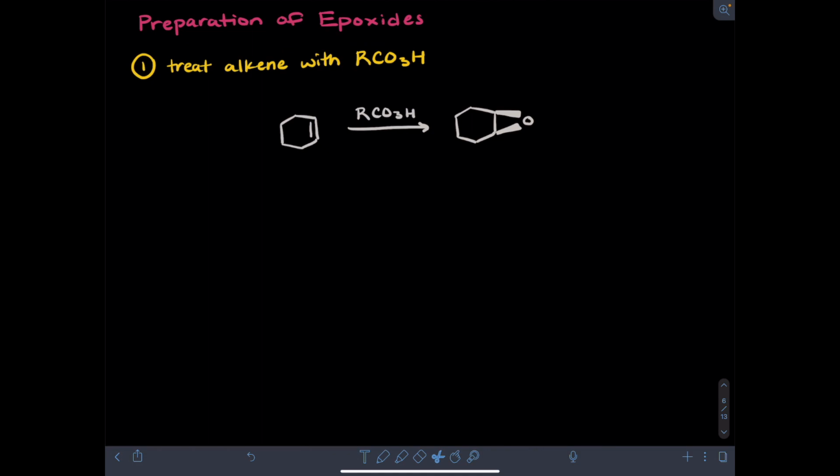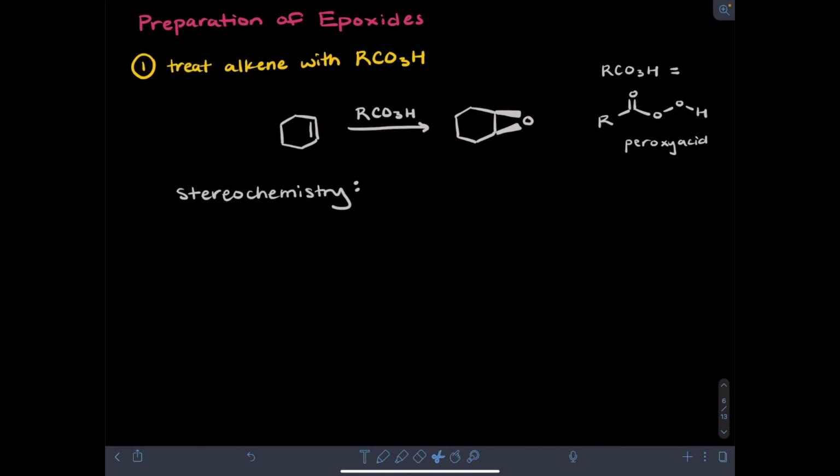This has the effect of converting the alkene carbons into the carbons of the three-membered ring of the epoxide. And RCO3H is a peroxy acid. Sometimes instead of RCO3H, you'll see it written as MCPBA. This is simply a particular type of peroxy acid.